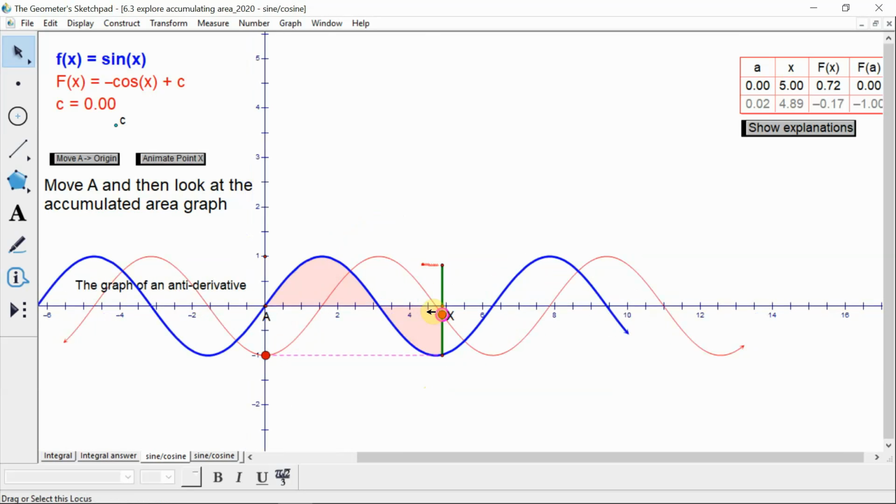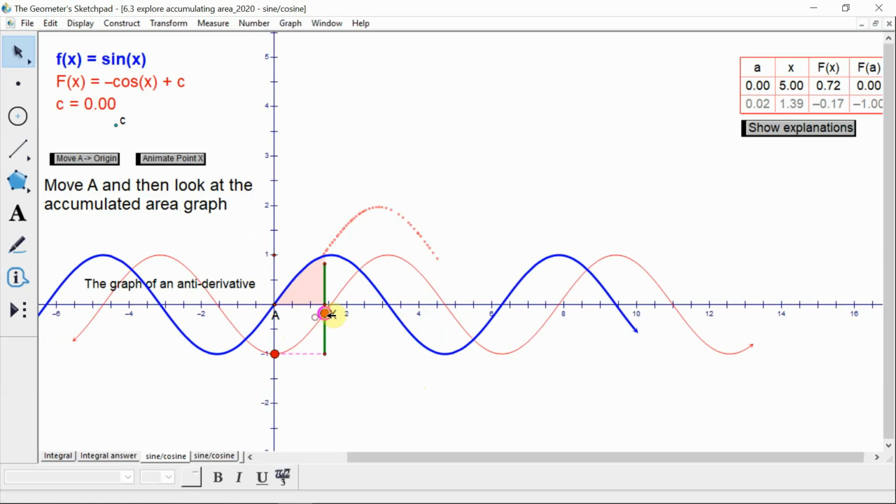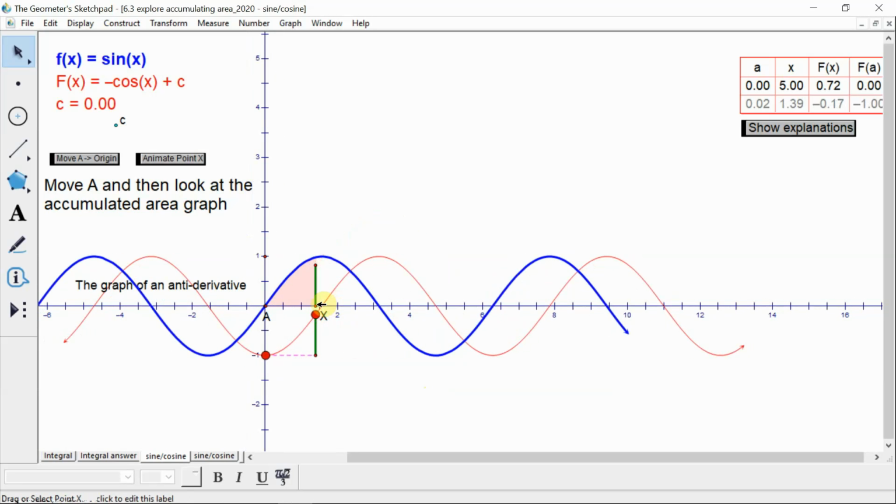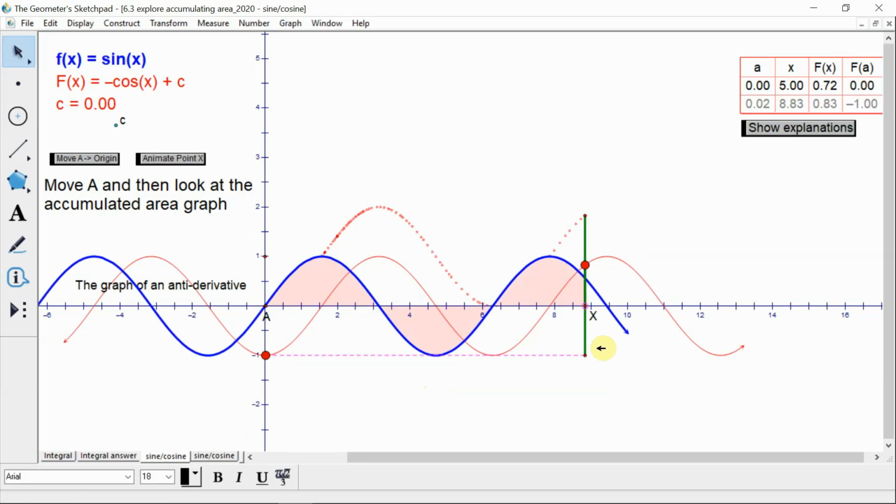Now, again, you might wonder, what is this curve about? Because I'm not really talking about it as I'm moving this. But notice that it is actually just another antiderivative, right?